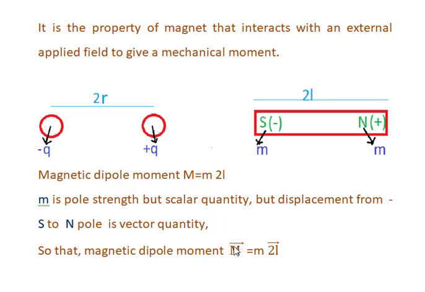Small m is the pole strength, like charges in electricity, and the distance separating these two pole strengths is 2L. So it is a 2L vector. So magnetic dipole moment M vector is equal to small m into 2L vector.